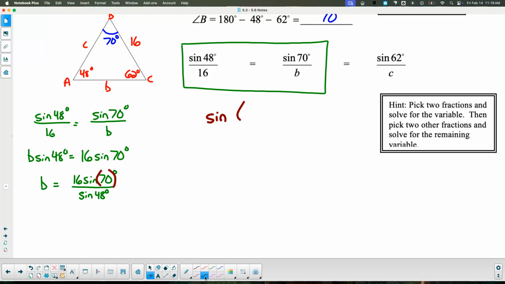But if you're trying to do it all in one shot, you got to close that set of parentheses. So 16 sine of 70, make sure I'm in degrees, close parentheses, divided by the sine of 48.